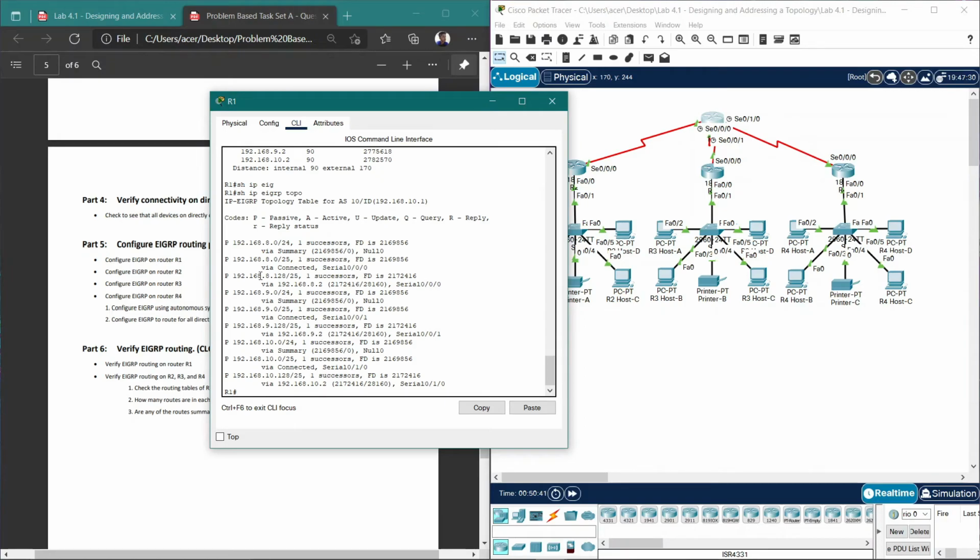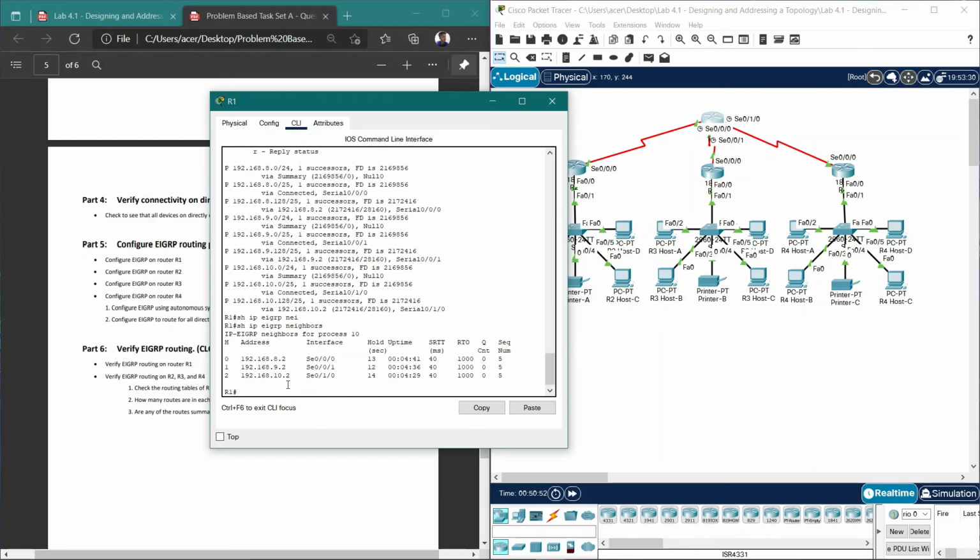In the topology we can see there are 1, 2, 3, 4, 5, 6 and 7, 8, 9 interfaces. And next we can see the EIGRP neighbors. For the neighbors we can see there are three: R2, R3 and R4.